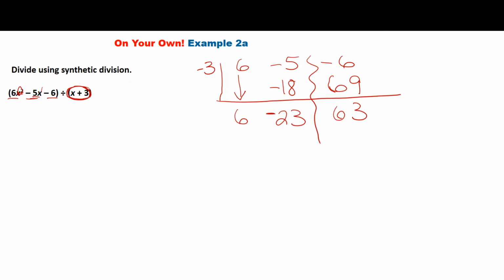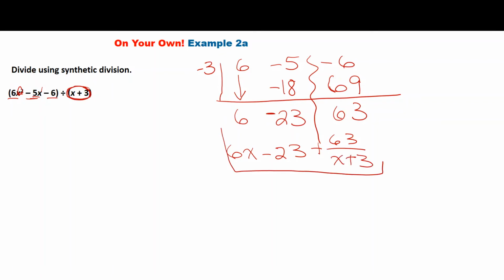Remember, this exponent was a 2, so our new answer is going to be 6x minus 23, and then plus 63 over x plus 3. So here's our answer. And then we can go ahead and remultiply that just to make sure that we did it correctly. x plus 3 times 6x minus 23.